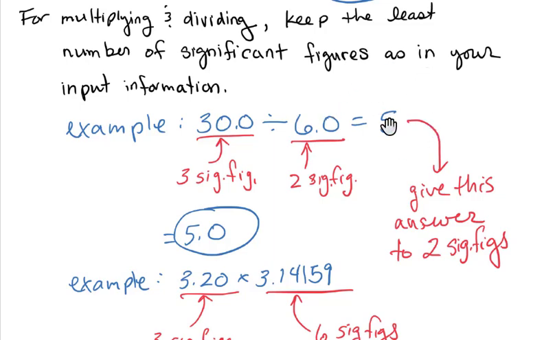So our answer is 5. But we should show that answer to the least well-known sig figs. Right, so 2 sig figs here is less well-known than the 3 sig figs here. So we want to show that value of 5 to 2 sig figs. So I would do 5.0 as my final answer.